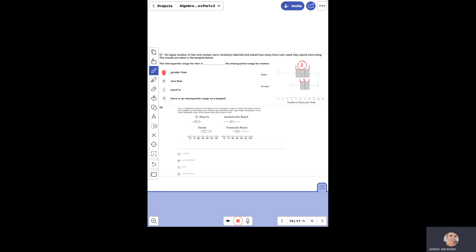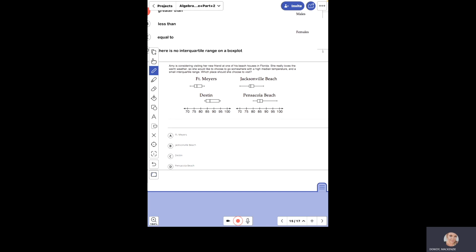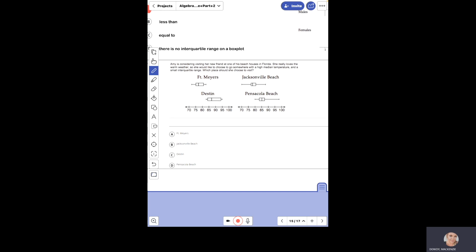Number 58. Amy is considering visiting her new friend at one of his beach houses in Florida. She really loves the warm weather, so she would like to choose to go somewhere with a high median temperature and a small interquartile range. Which place should she choose to visit? All right, so remember this line is our median, so let's figure that out first. So this one is about 76.